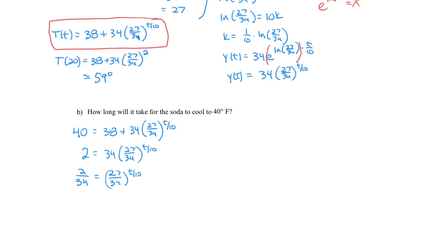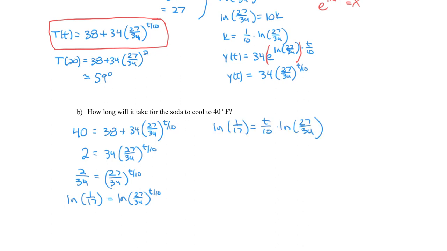I can take the natural log of each side because that will allow us to get at that. So if you take the natural log, I'll write this as 1 over 17 at this point, equals the natural log of this. That will allow this to come down, and that would give us natural log of 1/17 equals t over 10 times the natural log of 27 over 34.